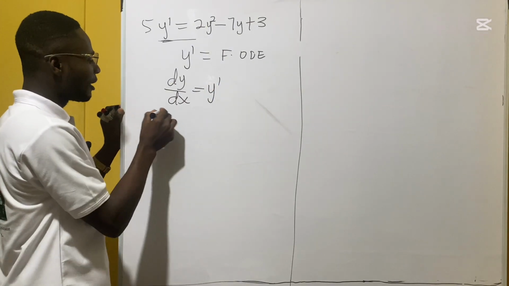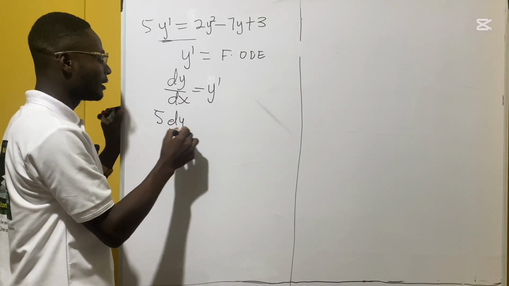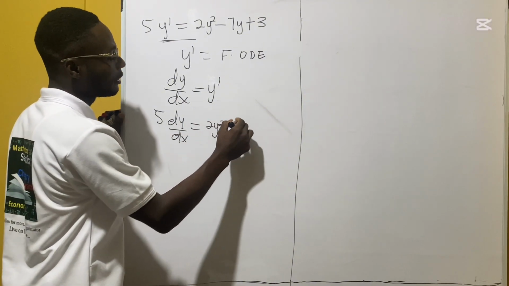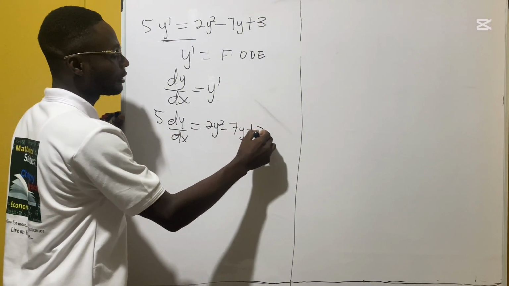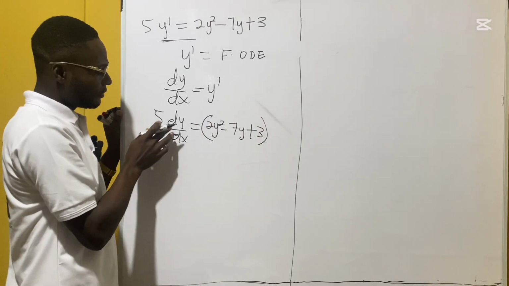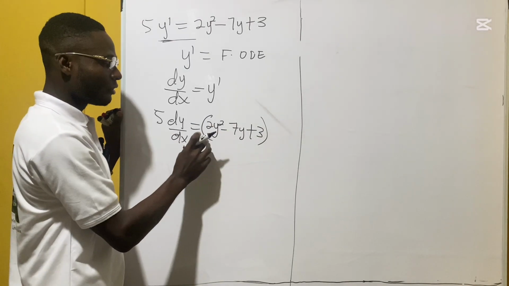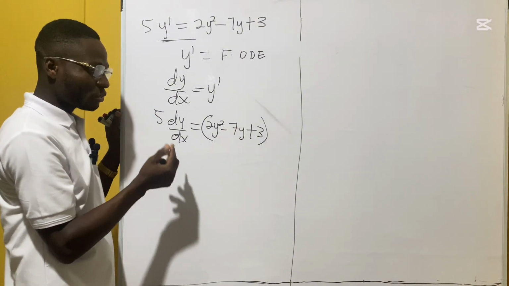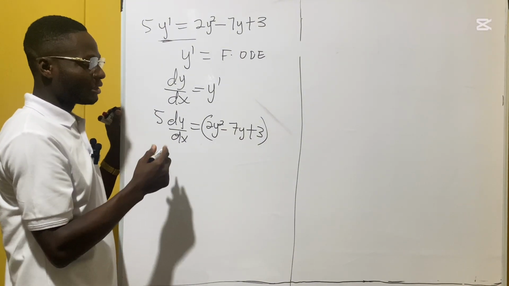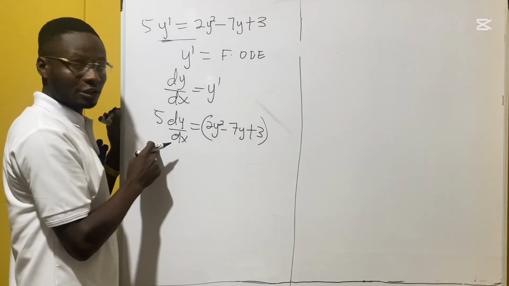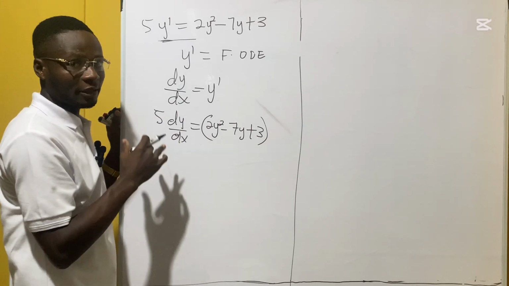So now we have 5 dy/dx equals 2y squared minus 7y plus 3. What we have to do is send this dx to this side and bring this to this side so that we separate the variables.